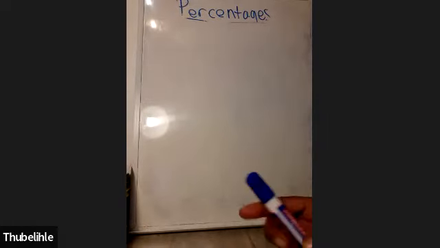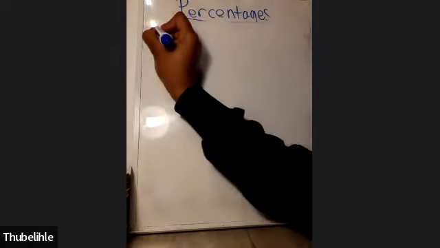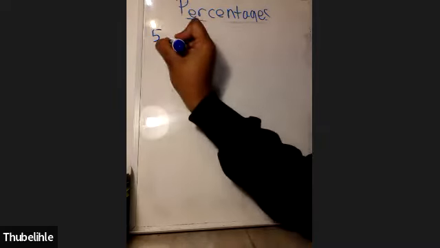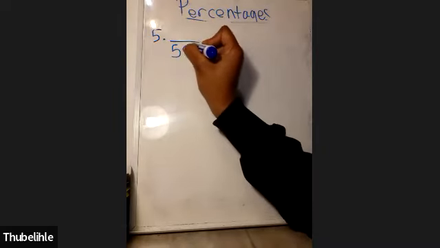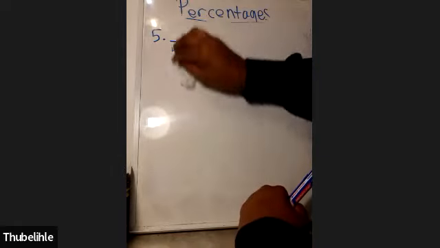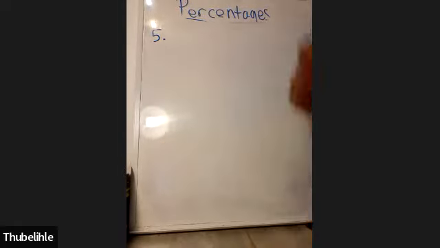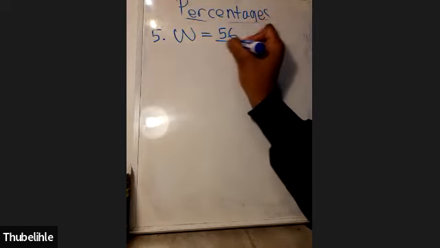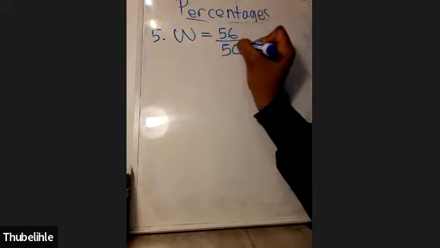Okay, so question 5 says, a sample of 500 people. So you already know that whatever we're going to talk about has a total of 500 people. So it consists of 56 whites. Okay. So we can say whites, there's 56 whites out of 500 people.